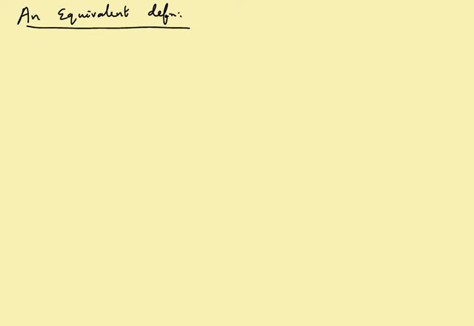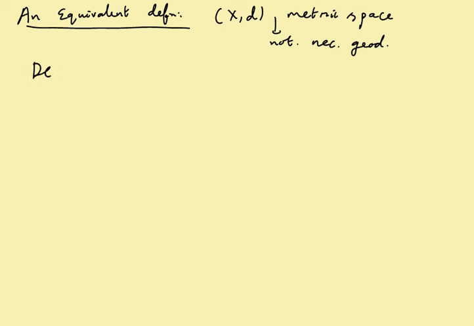So let's start this by looking at (X, d), a metric space. Okay, so it's not necessarily geodesic. And so here what we'll do is we'll define the Gromov product. And this formula comes from looking at a tree.